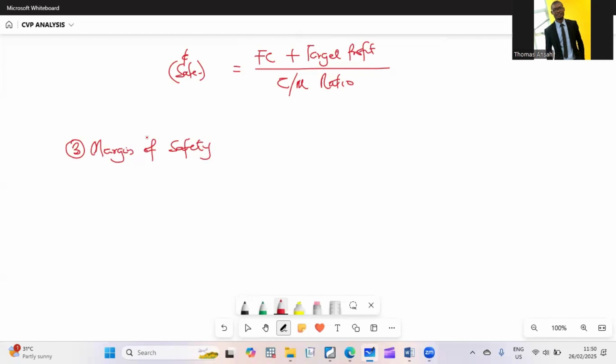Now, if you are going to look at margin of safety, we are talking about the sales revenue and that of the break-even.